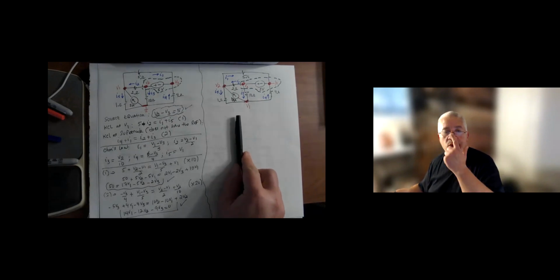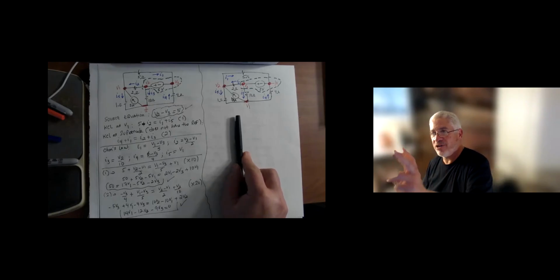So the node values will be different, but the voltage difference will be the same, and the power for the element will be the same. So key thing to notice here: no KCL at the supernode. It has the reference node.